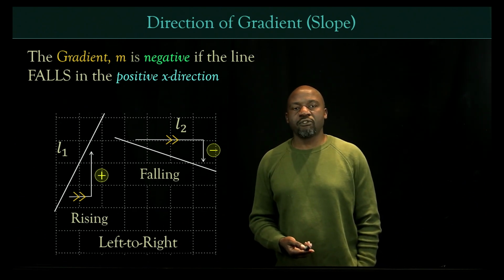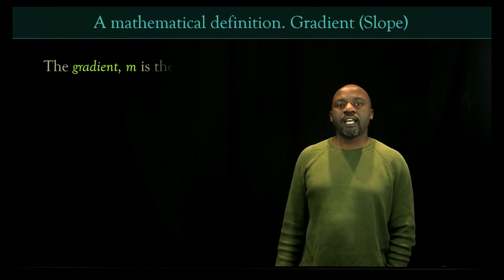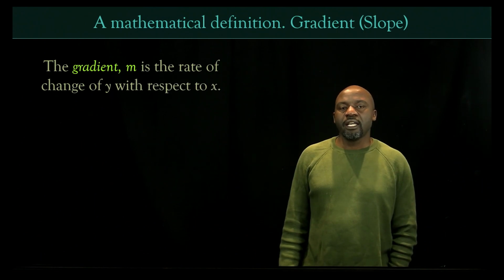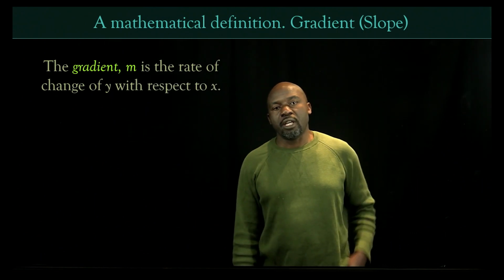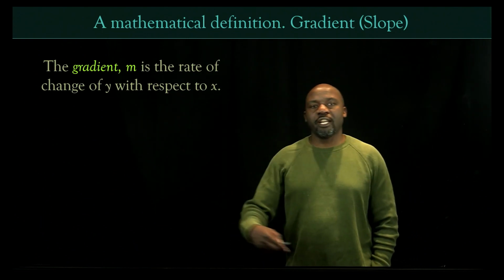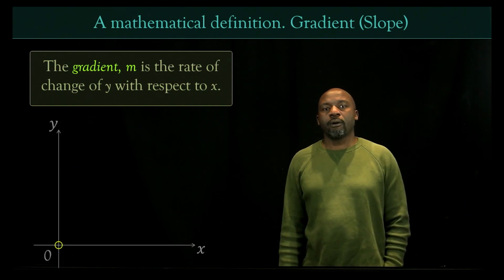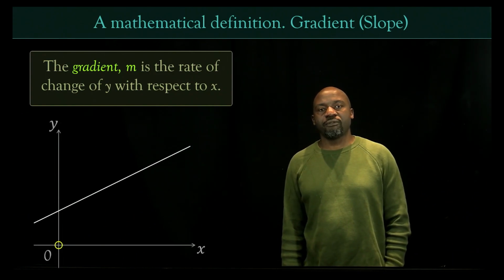So when we define gradient, we think of that, okay? And by the mathematical definition, we say that the gradient of a line is the rate of change in the y direction with respect to the change in the x direction. What do I mean by this? Okay, so that's the mathematical definition of gradient.